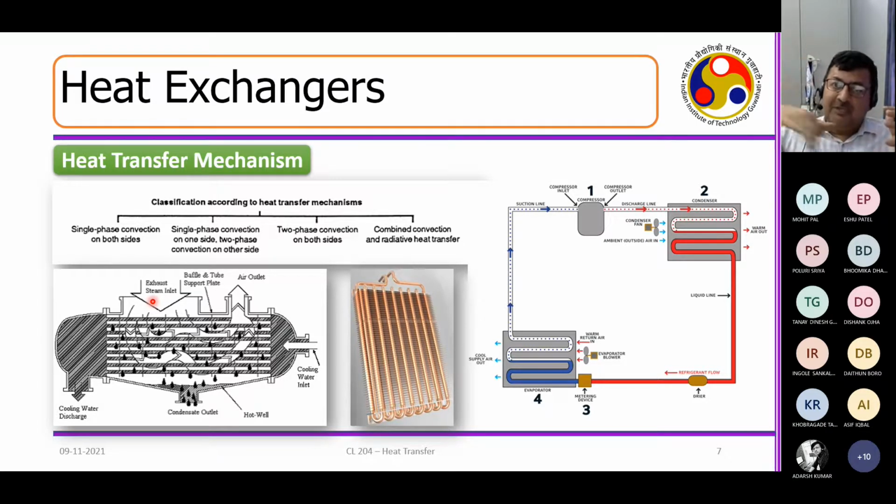Downstream somewhere you need a condenser. What is a condenser? Steam is getting converted to water. Those sorts of heat exchangers are called two-phase heat exchangers. So boilers, evaporators, condensers, these are two-phase. So there is a single-phase and a multi-phase type. Let us see what is happening here.